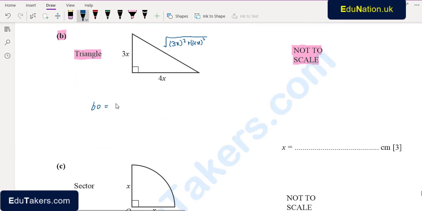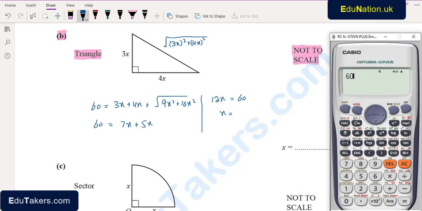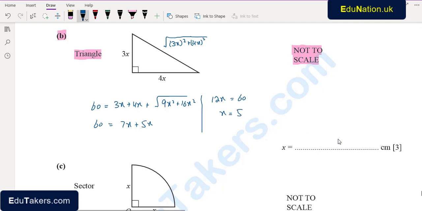Now this will be 3x plus 4x plus the square root of 9x square plus 16x square, which will be 5x. 7x plus 5x is 12x equals 60. x will be equal to 60 over 12, which is 5. So x is equal to 5.